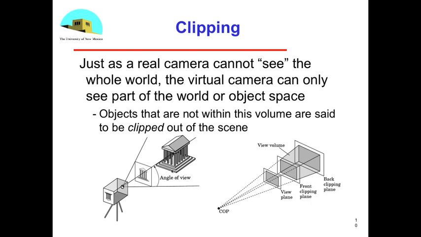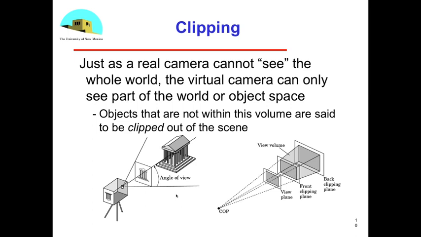Okay, clipping, we've said that's the process of saying everything that's not visible I'm going to throw away, and I don't have to rasterize that. So I want to do that before I get to the rasterizer, so I don't waste that work and generate a lot of extra fragments. So here's the view going back to that synthetic camera model, and it says, look, everything outside of this field of view or angle of view I'm not going to see, and that process goes on automatically within the GPU.